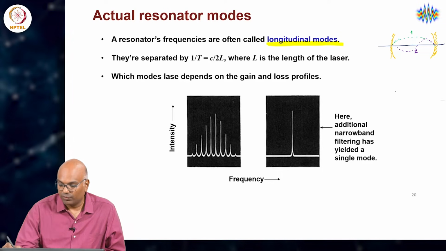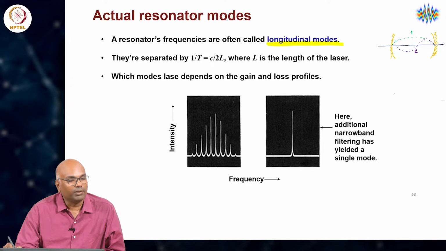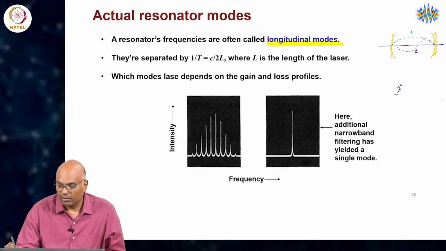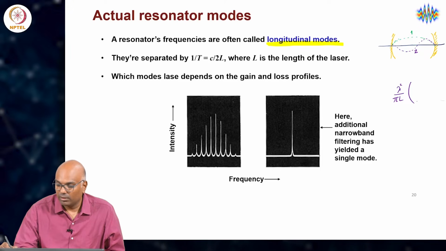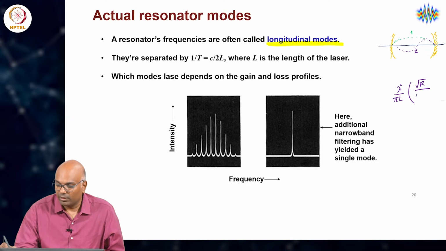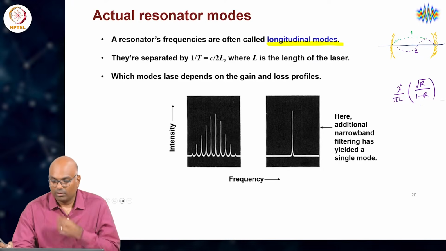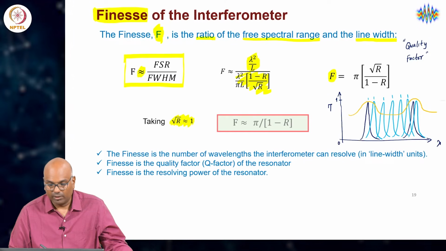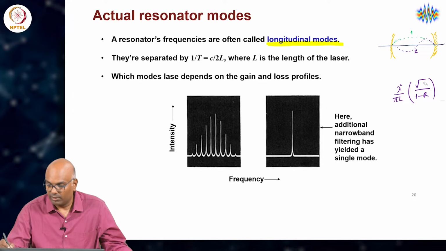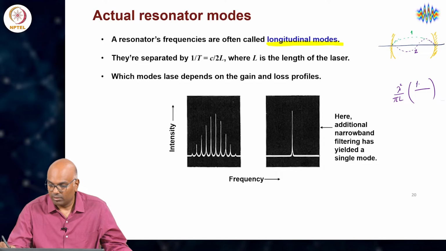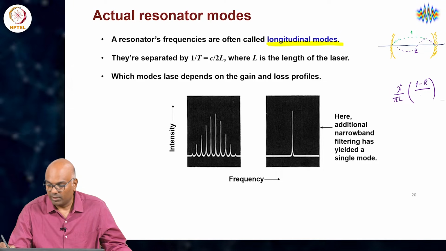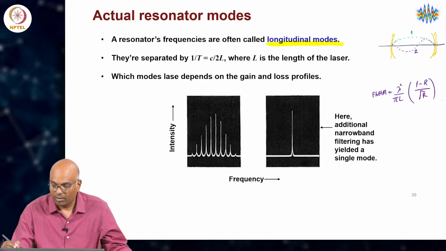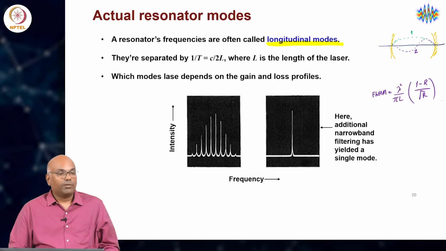because what did we deduce for the line width, right. So, the line width was lambda square divided by pi L multiplying square root of r divided by 1 minus r, right. Let me go back and check the expression, lambda square divided by pi L. Okay, I messed up a bit. 1 minus r divided by the square root of r is the full width at half max.